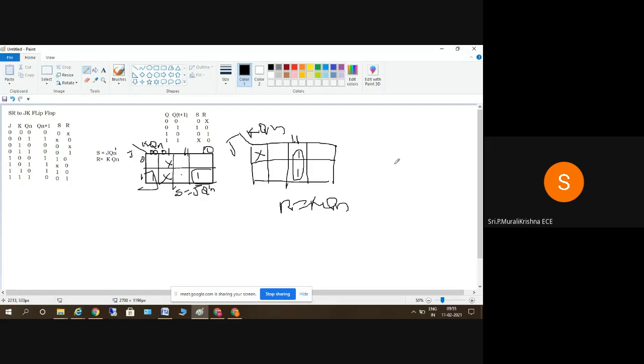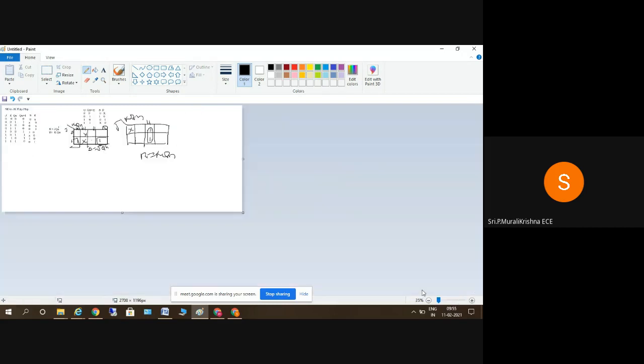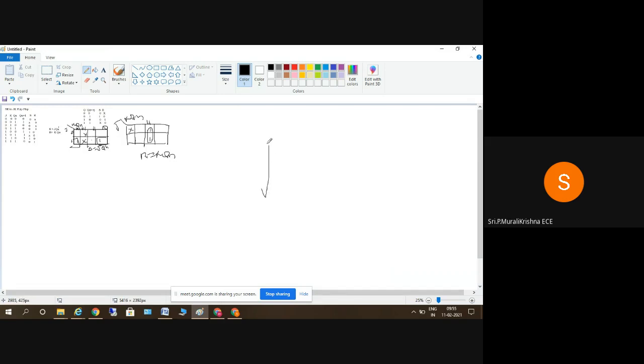Okay, so the diagram will be like this. So SR, this is Q N, this is Q bar of N. Okay, and here for S, what is the value of S?